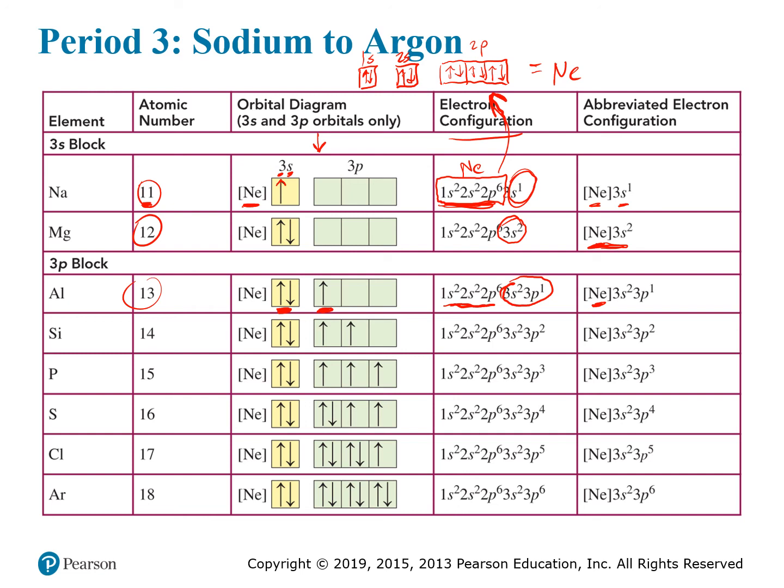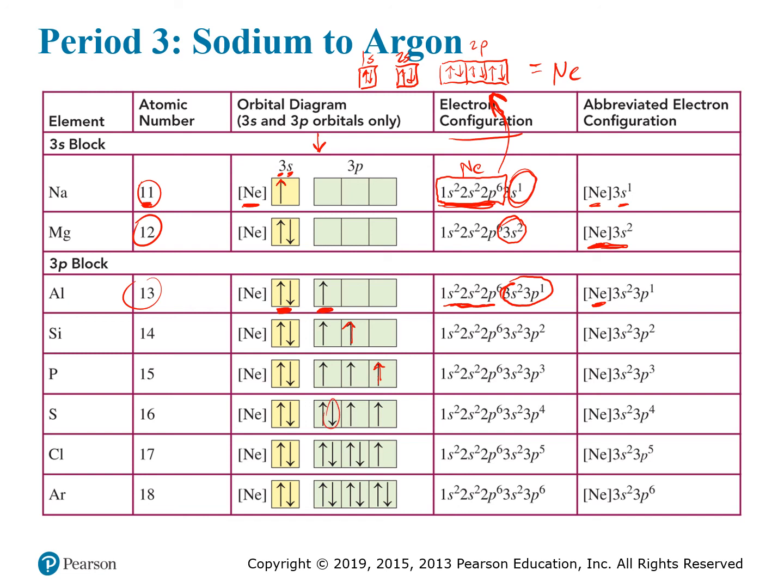Remember, the electrons spread out as much as possible. So for silicon, if you have to put 1 more electron in, it goes into a separate orbital in the 3p sublevel. And then phosphorus, with 1 more electron, goes into yet another orbital within the 3p sublevel. It's only after the 3p sublevel has 1 electron in each orbital that the next electron can double up.